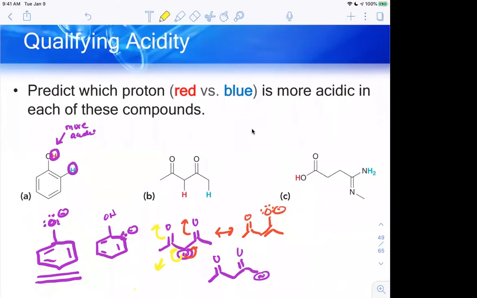So I have two resonance stabilized structures in this particular case. Here, I only have this resonance.